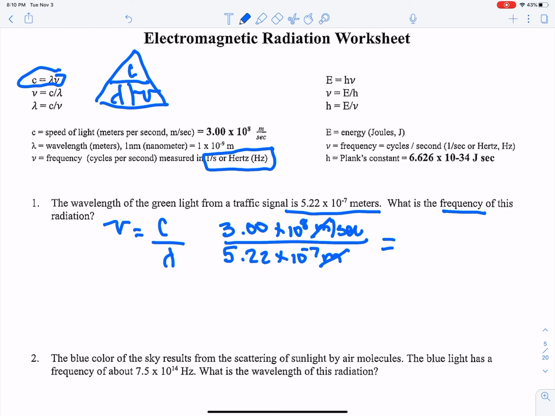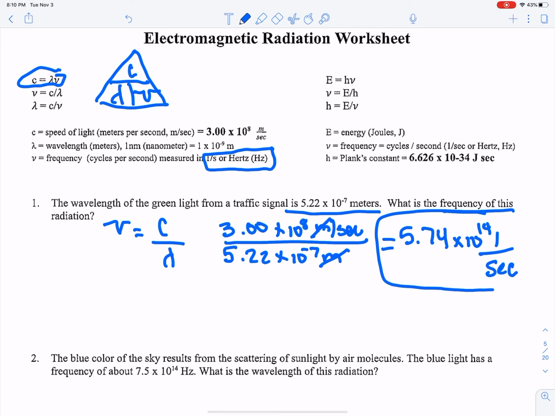So 3 sig figs, I have 5.74 times 10 to the 14, and we're going to say hertz, or 1 over a second. That's your answer. You could also say 1 over a second, or you could say Hz. They both would be perfectly fine.